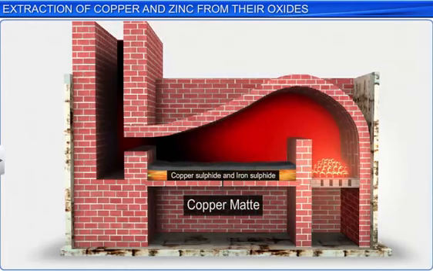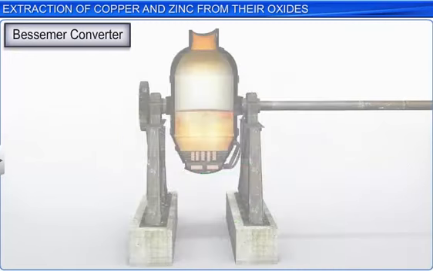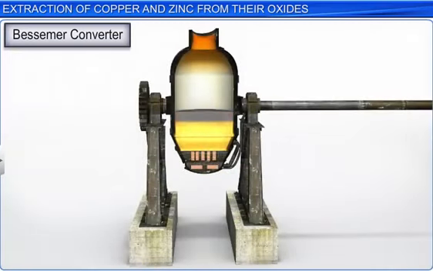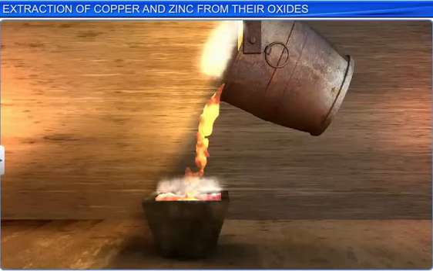During this process, the remaining iron is removed in the form of slag, while copper sulfide is reduced to metallic copper. The metallic copper then melts and sinks to the bottom of the converter. This molten copper is poured into molds.